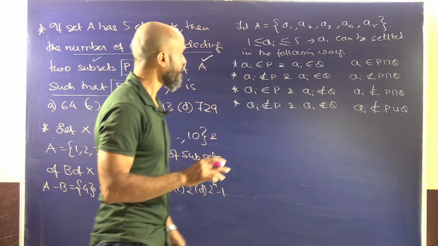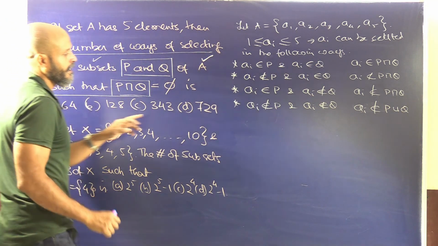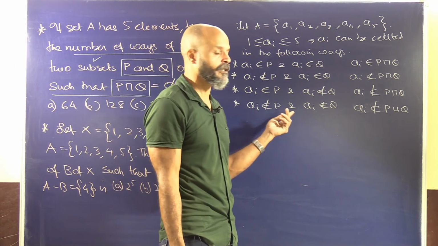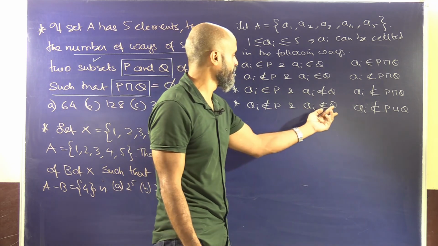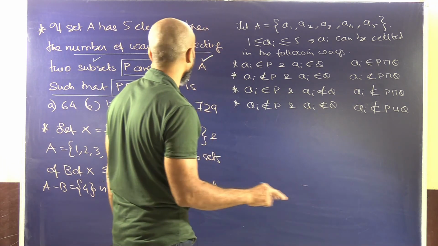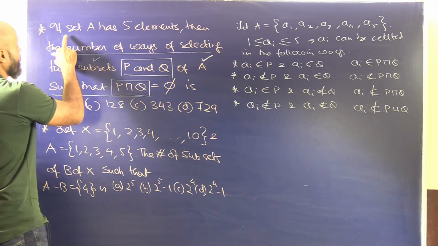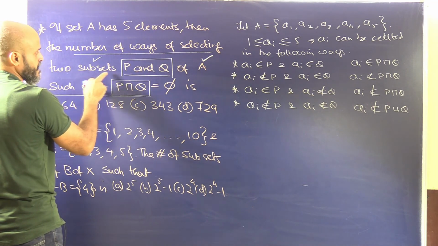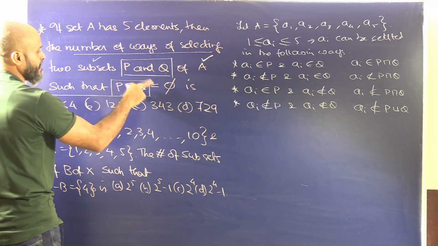Now understand this question. P and Q are subsets, so maybe they do not contain any elements of A. What is being asked here: if set A has 5 elements, then the number of ways of selecting two subsets P and Q of A such that P intersection Q is 0.